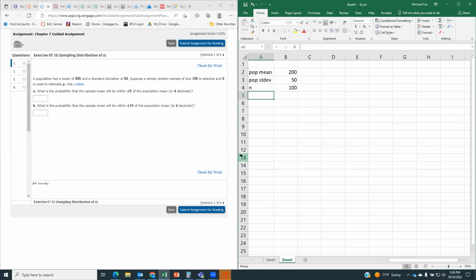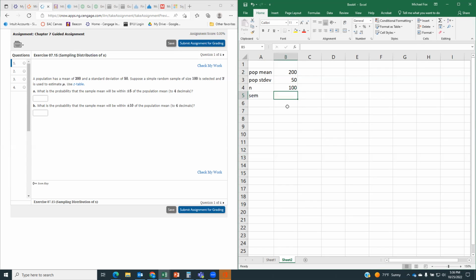So whenever I'm finding the sample mean or some value of X based on the sample mean, I need a number that's called my standard error of the mean. So I always abbreviate it SEM. And you can find the standard error of the mean, okay? It's the square root of the standard deviation over n.